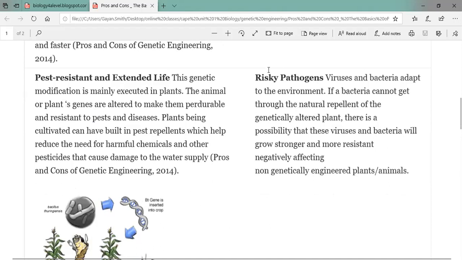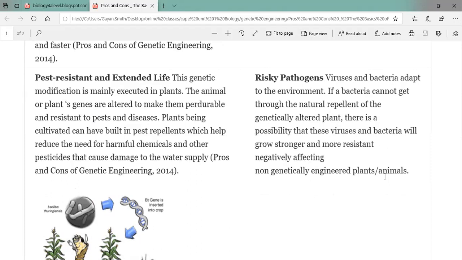They're saying the con is that you can also create risky pathogens. You can create viruses and bacteria that can adapt to the environment. So if a bacteria cannot get through the natural repellent of the genetically altered plant, there is a possibility that these viruses and bacteria will grow stronger and more resistant and negatively affect the non-genetically engineered plants and animals.